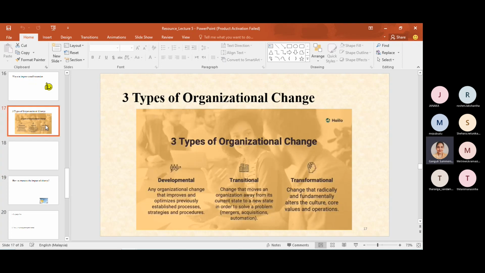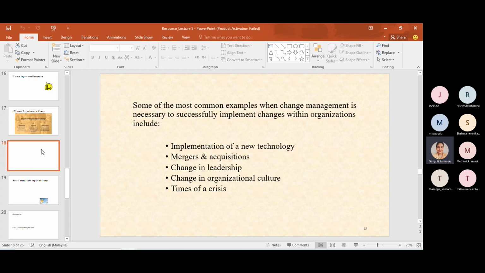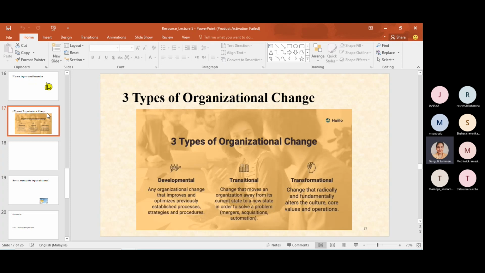The topic that we were talking about was organizational changes. Yesterday we discussed that there are three types of organizational changes, which are developmental, transitional, and transformational.